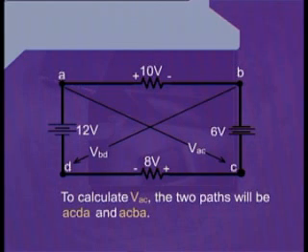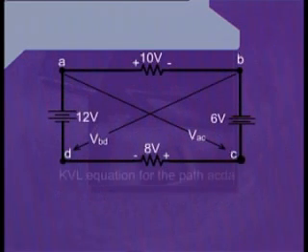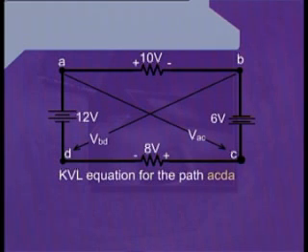The first path may be A, C, D, and back to A. And the other path may be A, C, B, and A. Now, if we apply Kirchhoff's voltage law to the loop A, C, D, and A, once again we can easily write our equation as, starting from the point A and going towards the point C, we have the imaginary voltage source VAC in between.